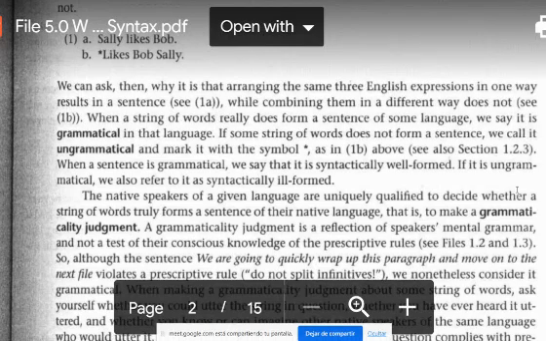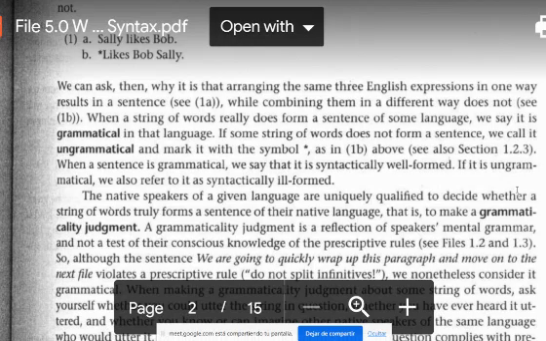When a sentence is grammatical, we say that it is syntactically well formed. If it is ungrammatical, we also refer to it as syntactically ill formed. Add those words to the vocabulary.